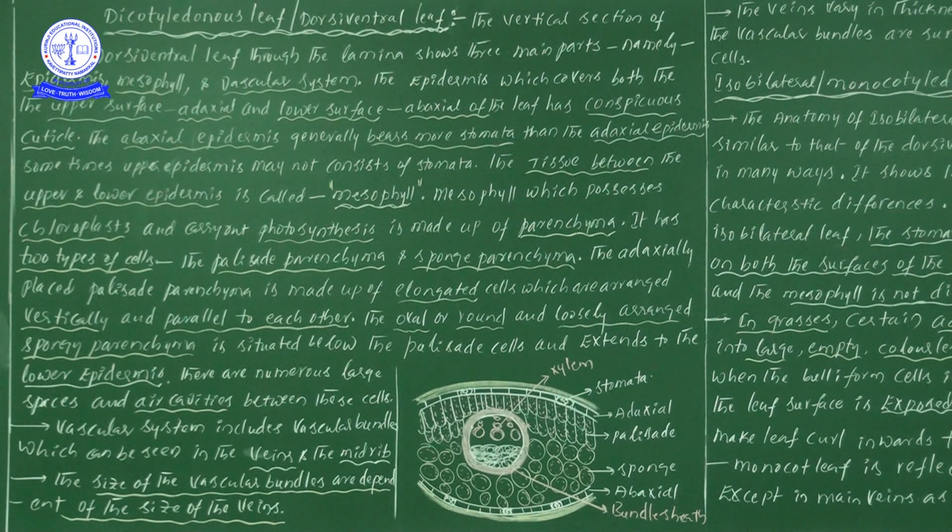Let me show the structure of the stomata also, and later I will move forward. Here we find some differentiation. When we get to it, I'll explain this entire information.